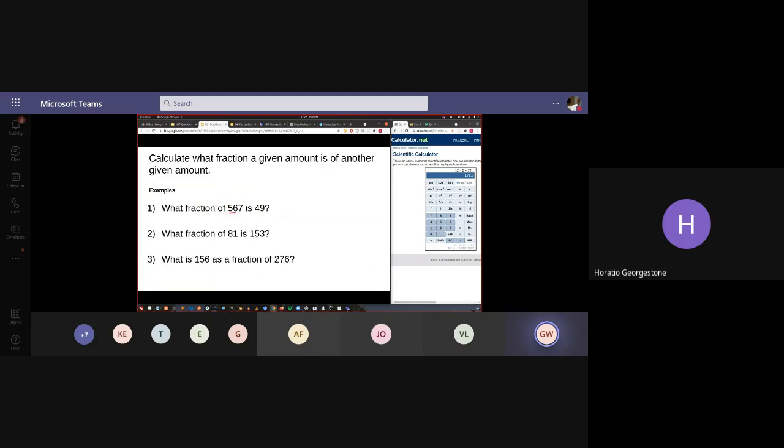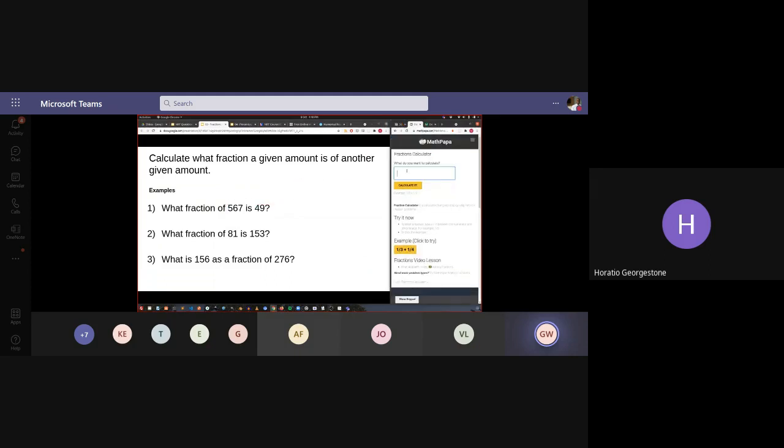That's going to be the bottom of the fraction, the denominator. So we're looking for 49 as a fraction of 567. In other words, 49 is the top of the fraction and 567 is the bottom. When you put that into the calculator, it will simplify it for you, and we get 7 over 81.